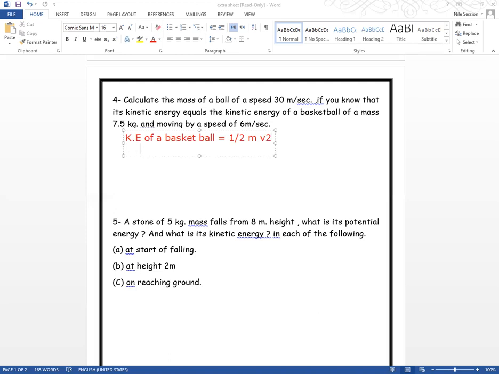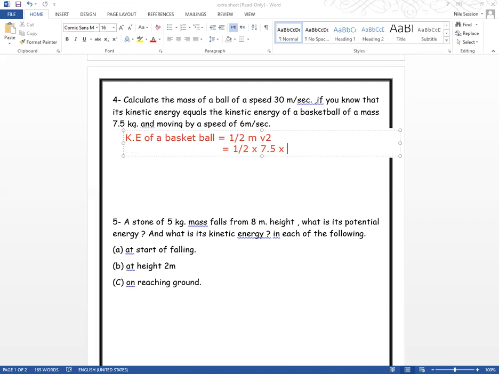So the kinetic energy of the basketball equals half times m, 7.5, times v square, speed 6 meters per second.